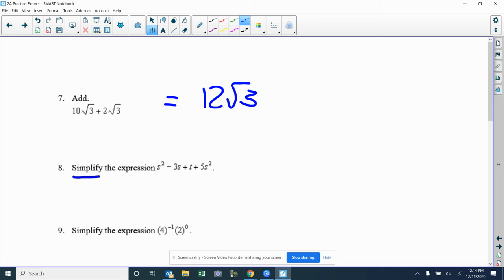Simplify. I have 1 s squared and 5 s squared, so I'm going to add those common things together and get 6 s squared. That takes care of the s squareds. Now, does it matter? Not really, but we're going to put the 3 minus 3s.